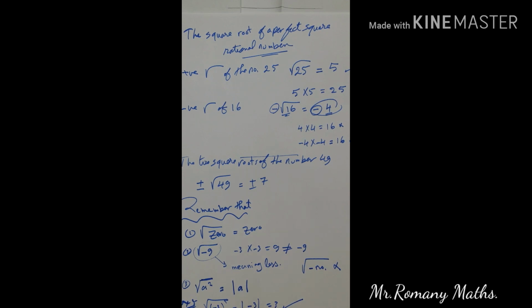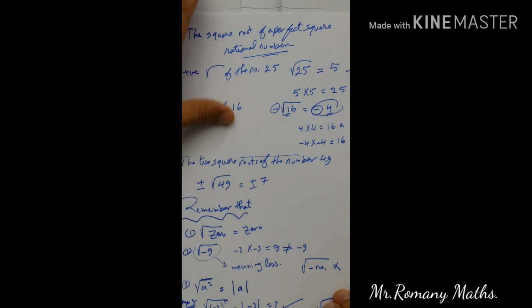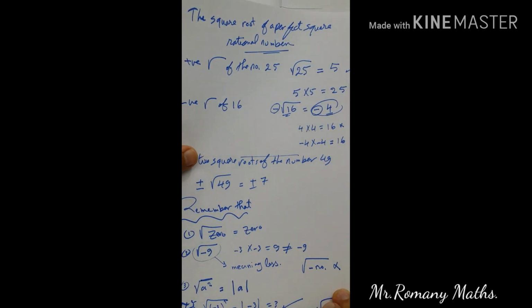Absolute 3 equals 3. 3 multiplied by 3 equals 9. And the square root of negative 3 power 2 equals the square root of 9. Yes. Let's see another example.